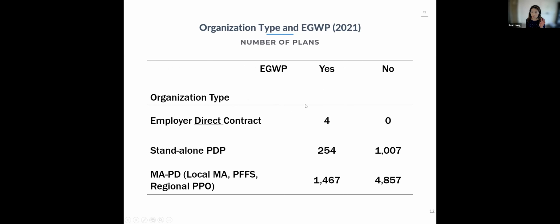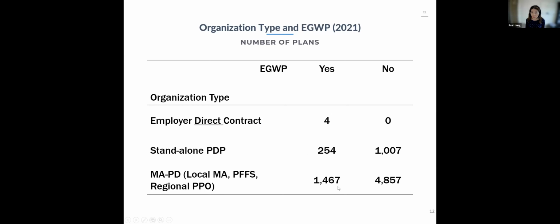We saw that there were only 4 employer direct contract plans. Now, for EGWP equals yes, you see a lot of standalone PDPs and a lot of MAPDs. 254 EGWPs have a contract ID starting with S.